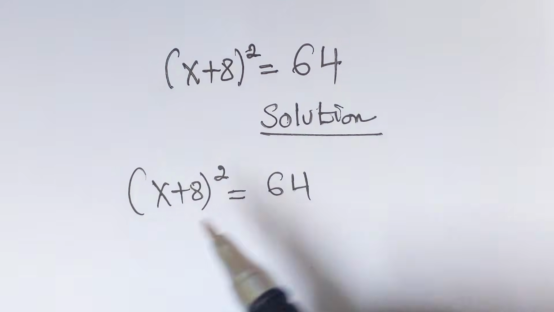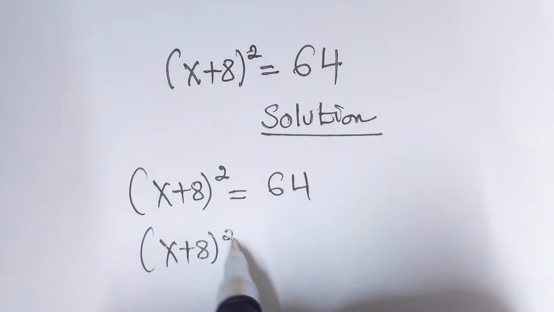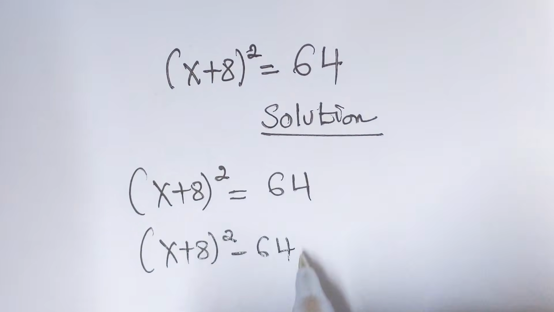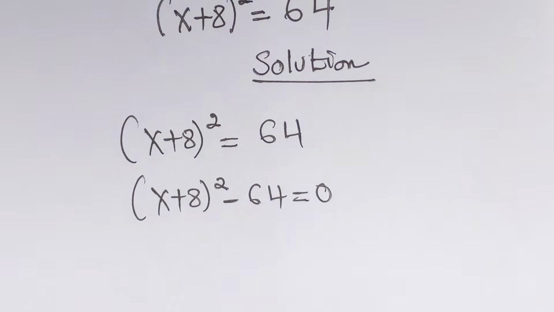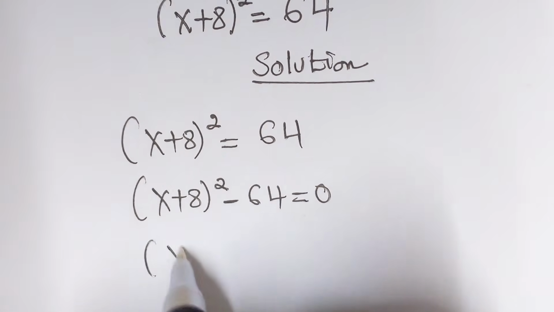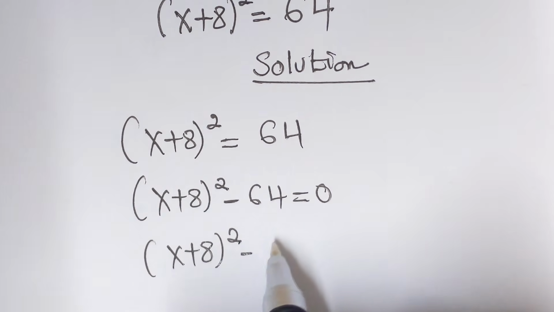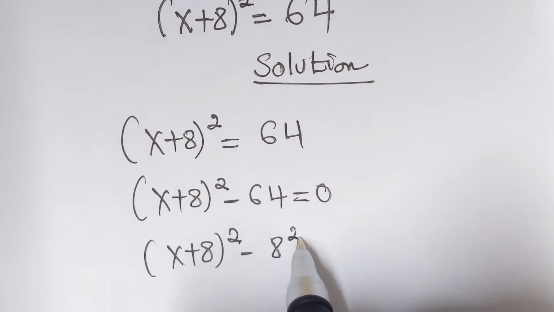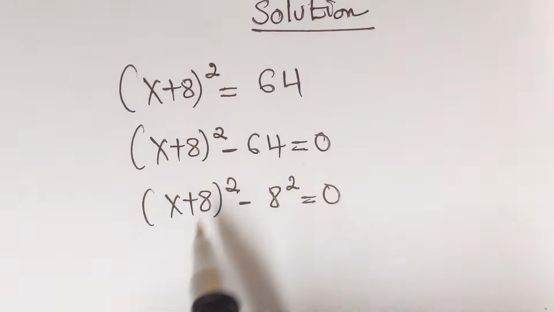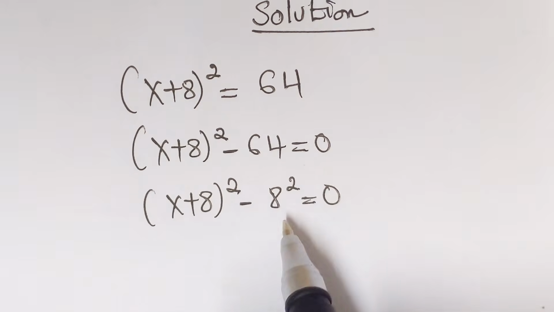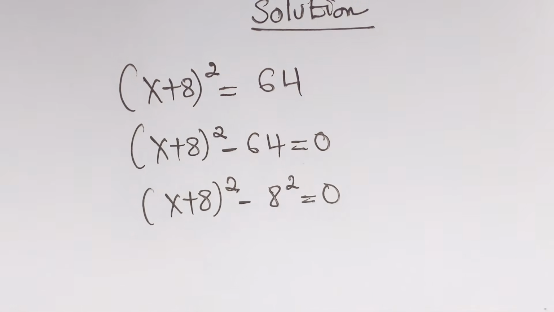Okay, and we shall say (x + 8)² − 64 = 0, and we know that (x + 8)² − 64 can be written as (x + 8)² − 8² = 0. Then of course this is a difference of two squares, so that this is a² − b².